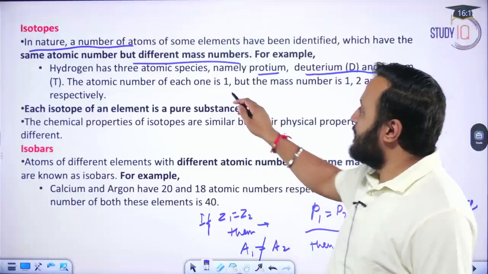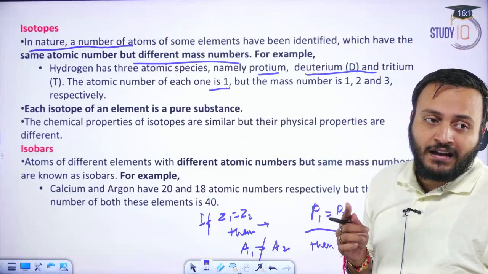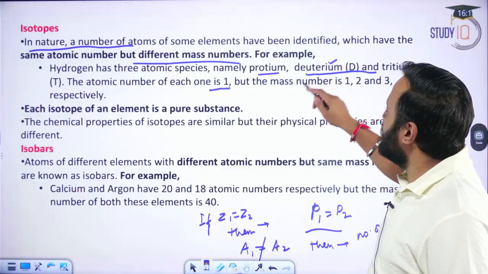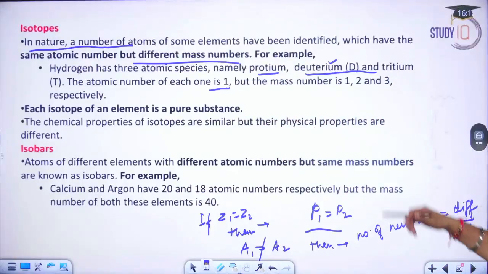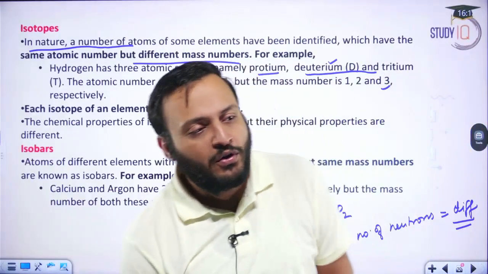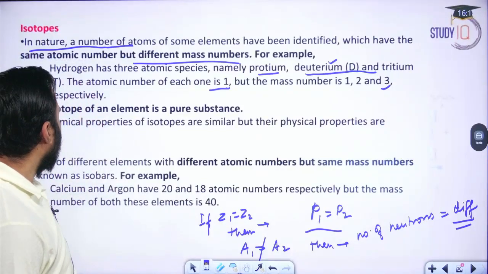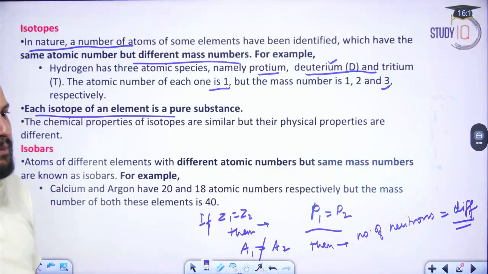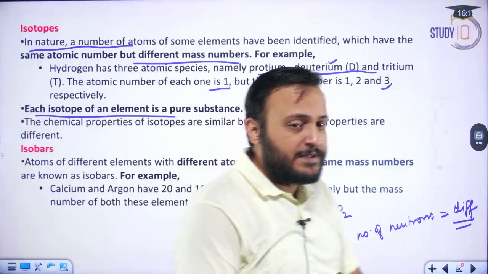Like for example, this is the atomic number 1, which means the proton is there, electron is there, and no neutron is there. But deuterium, it means 1 proton, 1 neutron, and electron is there. Then we have the tritium. Tritium is 1 proton, 2 neutron, and electron is 1. Okay, everybody? So you can see that each of the isotope is a pure substance. Remember that. So I hope everyone understood the meaning of isotopes.